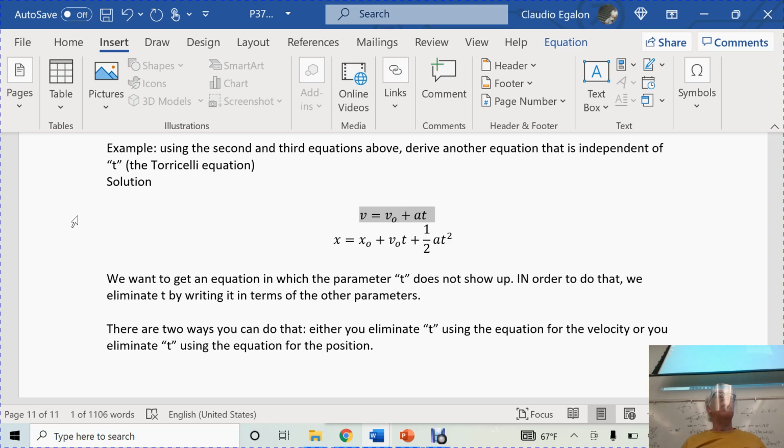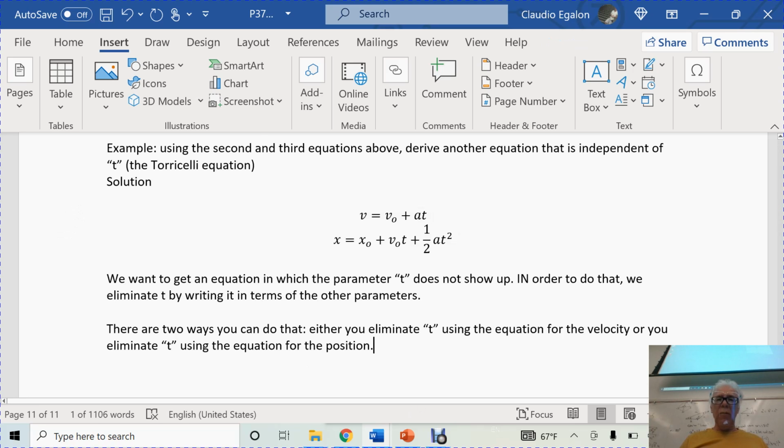So whenever you're solving an equation, try to follow the easiest path. If it doesn't work, then you go to the next step, something a little bit more complicated. So we solve for t using the equation for the velocity. There are two ways.